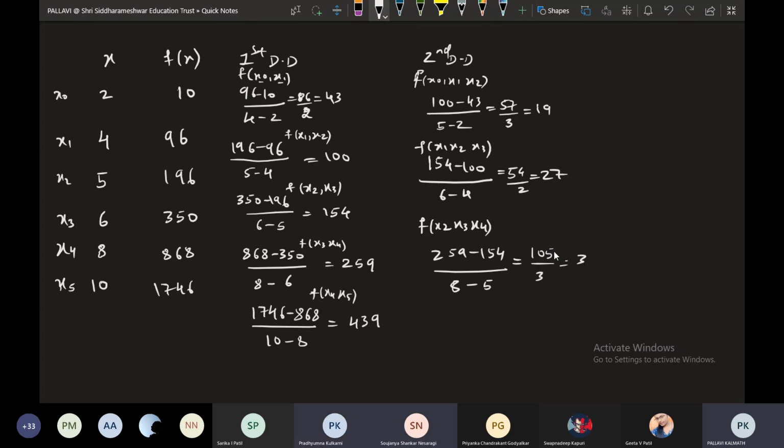So 3 3s are 9, 1 will remain, 3 5s are 15. So it is 35? Yes, ma'am.